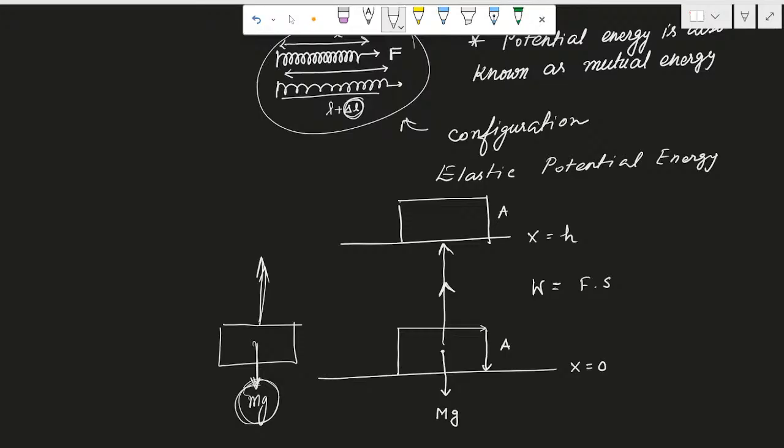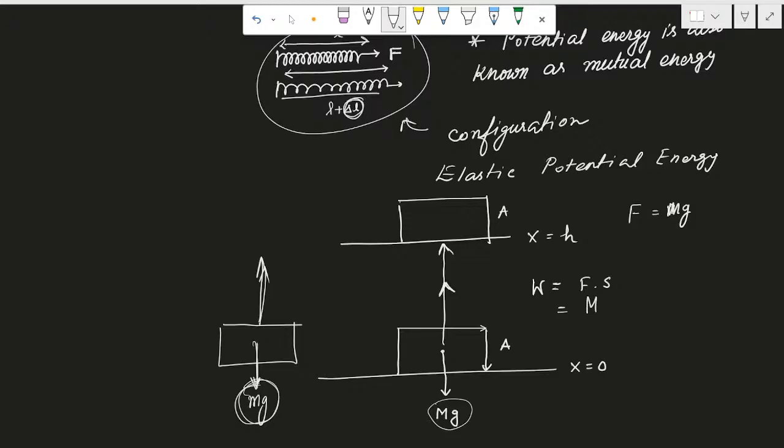So in this normal case, W is equal to Fs. Now if you consider the force you are applying to be exactly equal to mg, that means you are just able to lift it up, just able to nullify the effect of weight. So this F is equal to mg, the weight of that object.